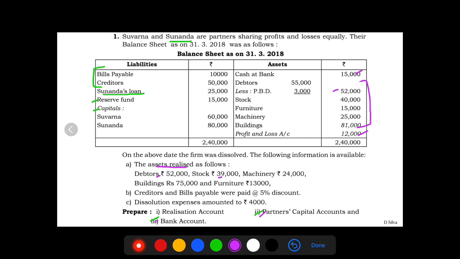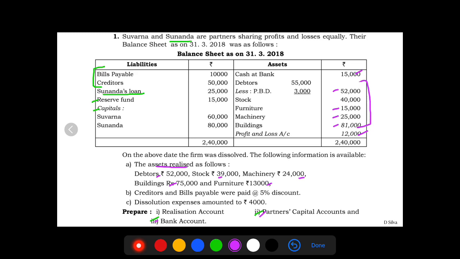Let us focus on what is the realized value, or at what value the asset is being sold. Likewise, machinery value is 25,000, but the realized value is 24,000. Buildings value is 81,000, but the realized value is 75,000. Furniture value being 15,000, but it is now realized at rupees 13,000. So realized value of assets is nothing but the assets which are being sold.